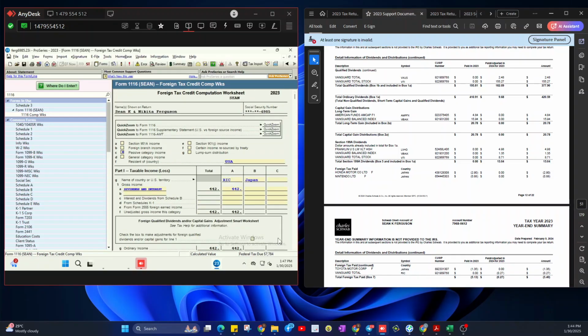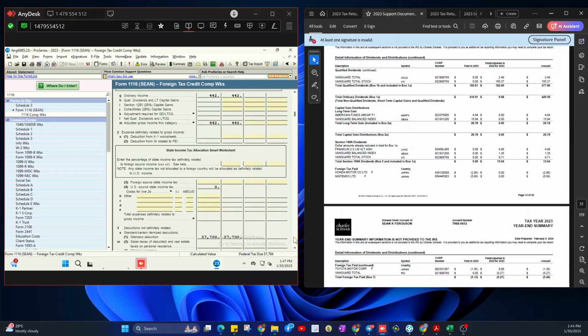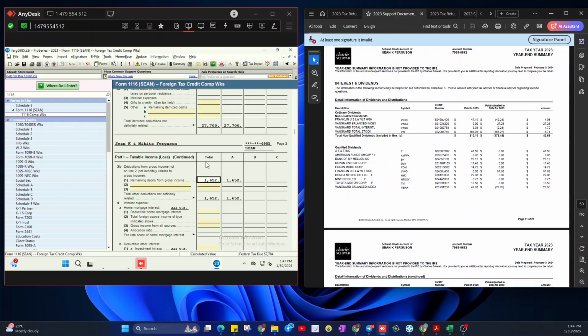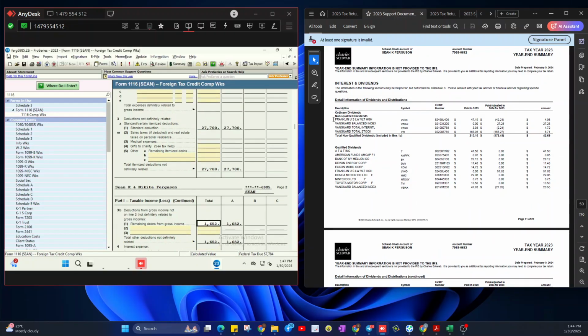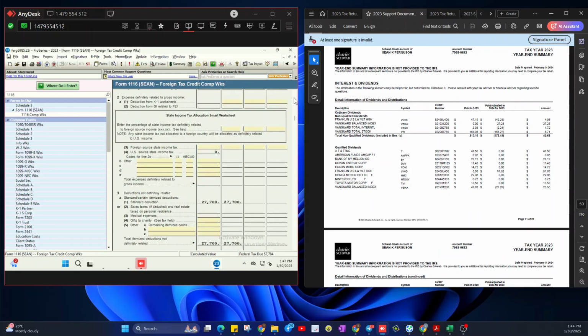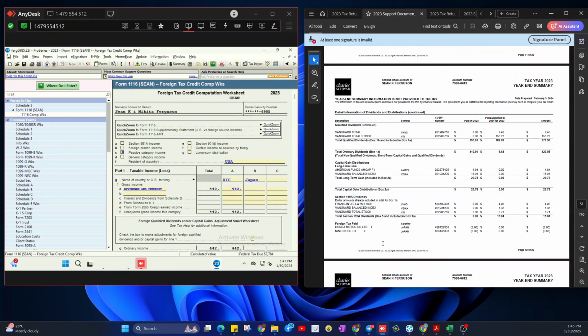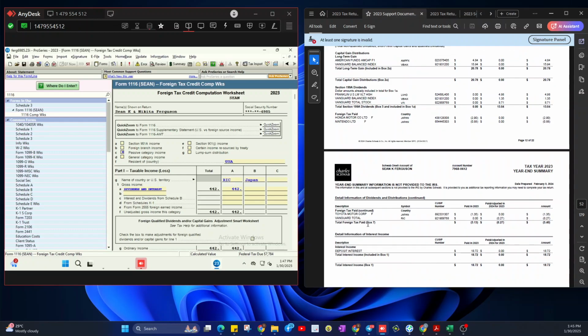Foreign tax credit computation. All right, so this is how it's being done. We have to fill out Form 116. If we pay foreign tax outside the US, you have to prepare this one. All right.